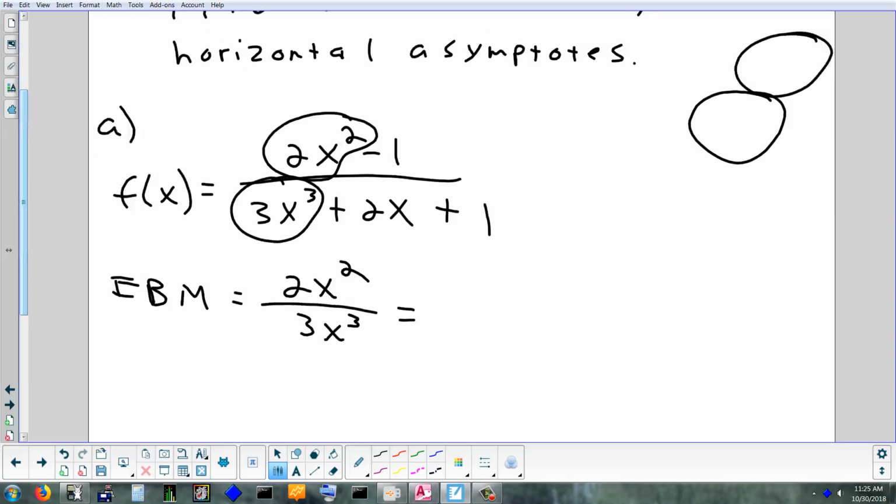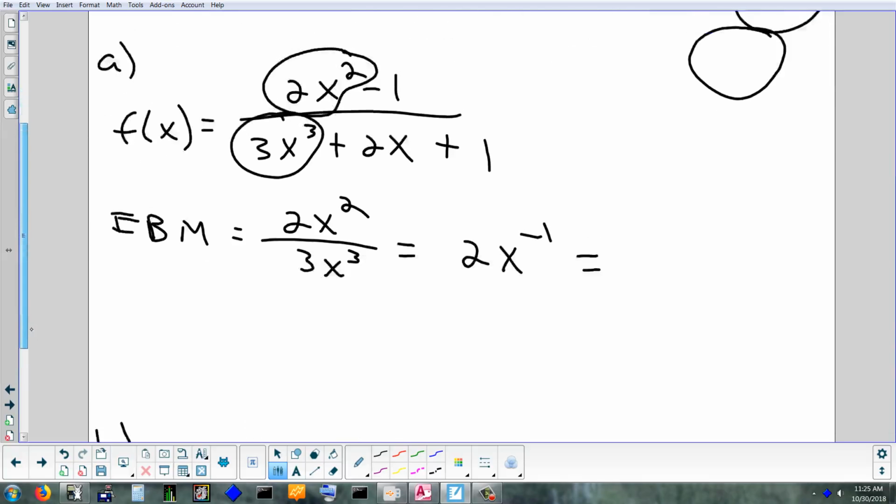All right. So you can subtract the exponents. You have a 2 in the top, a 3 in the bottom. And if you subtract 2 minus 3, what do you get? Negative 1. But we don't like to think of things as having negative exponents. So if negative exponents kind of confuse you, think of it this way.